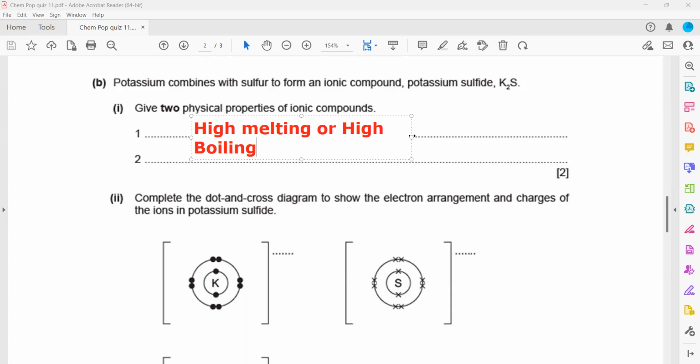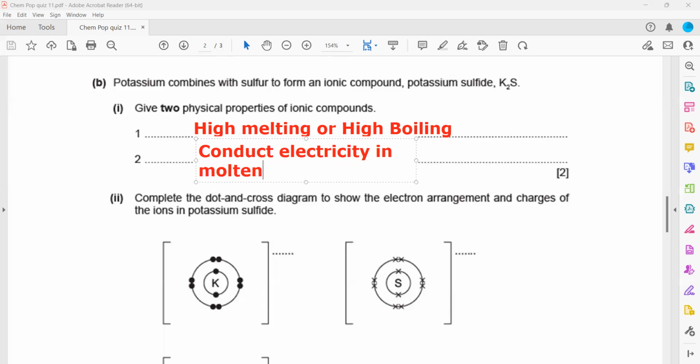But you cannot mention them separately. High melting and boiling point, that is one, and the second physical property you can mention is that they have high density, or they can conduct electricity in molten or aqueous state, or they are water soluble.